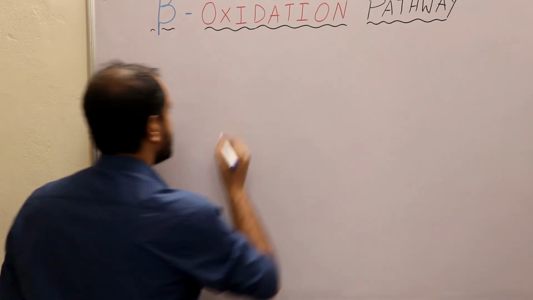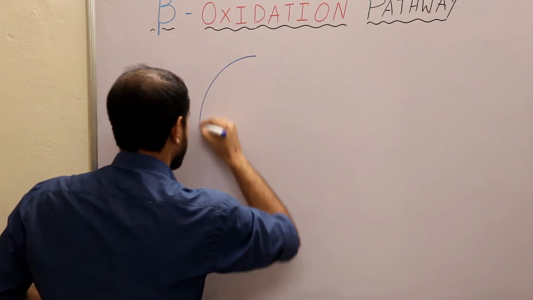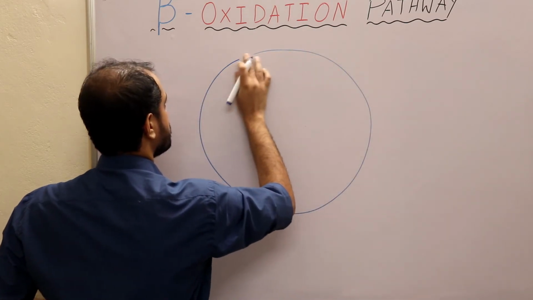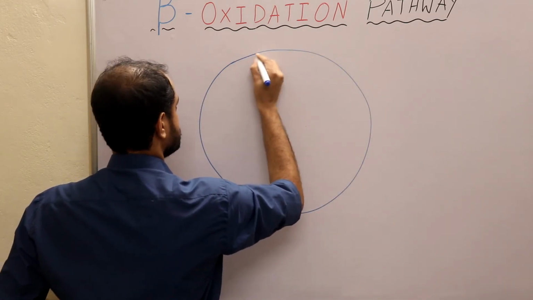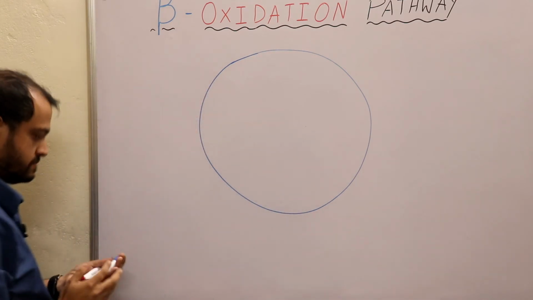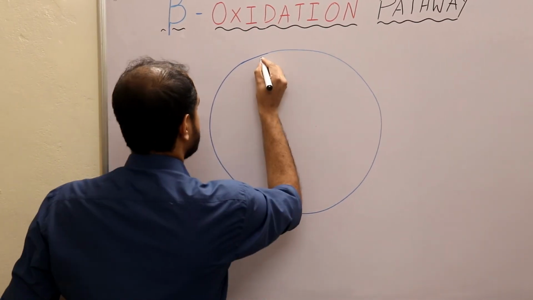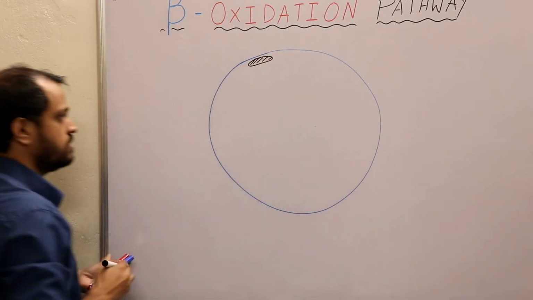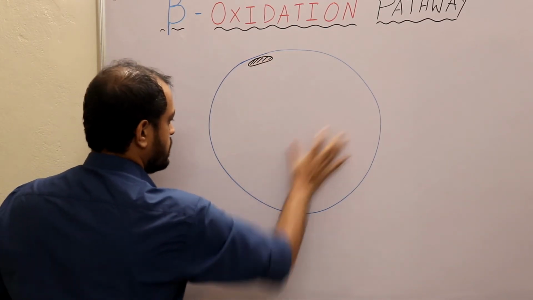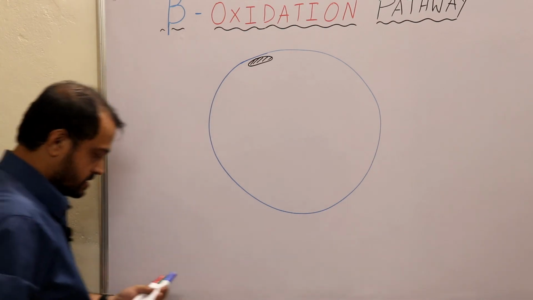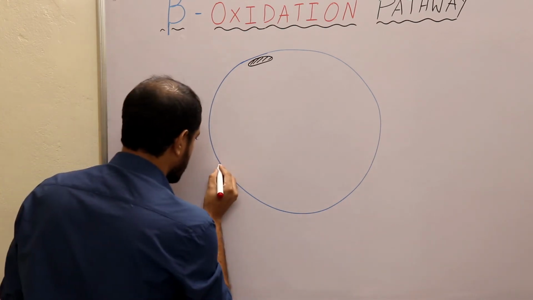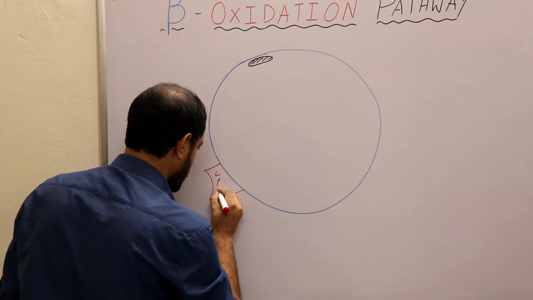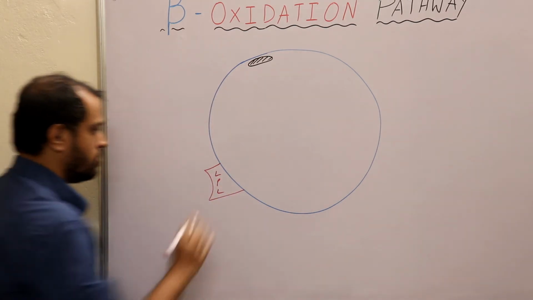Suppose this is an adipocyte and we have a marginalized nucleus. Again, you should always understand that here is lipoprotein lipase, LPL.